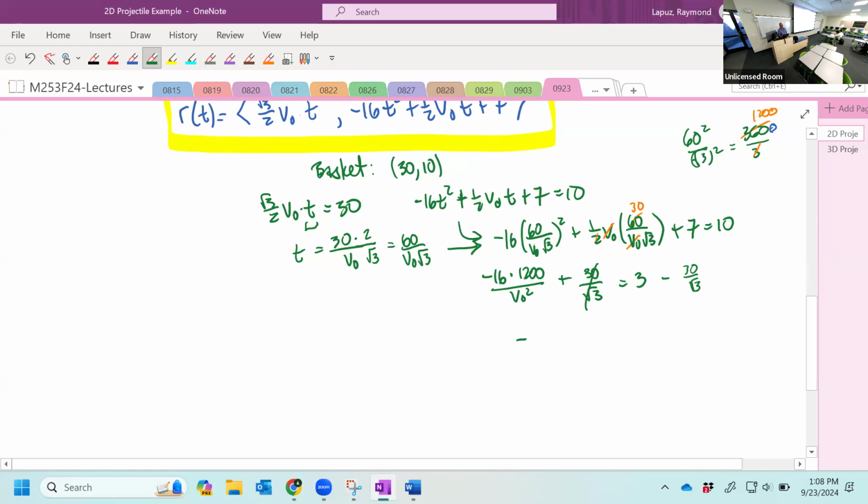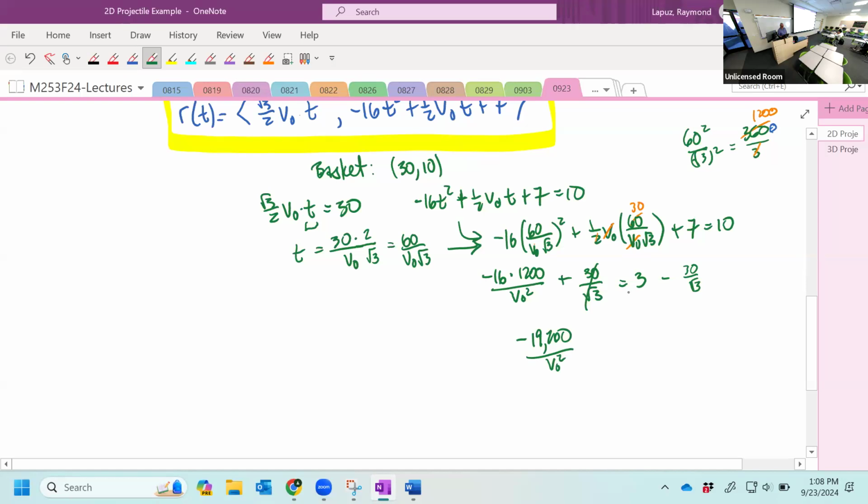No. 160. Negative 19,200 over V naught squared.